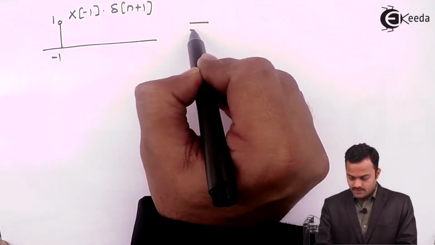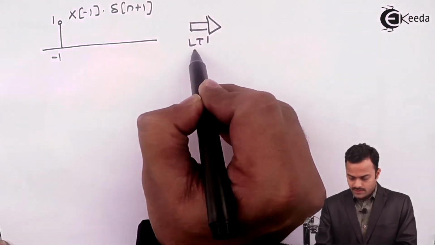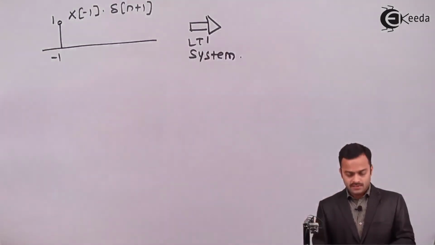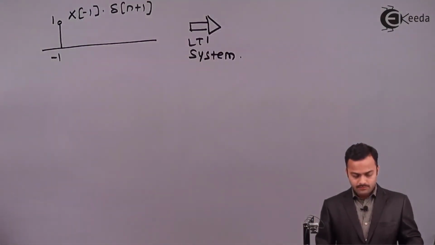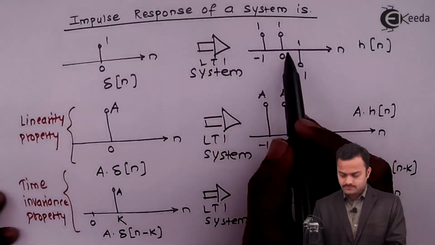This is given to the LTI system. Now we need to check how the resultant impulse response will change. So this is the impulse response we are having.